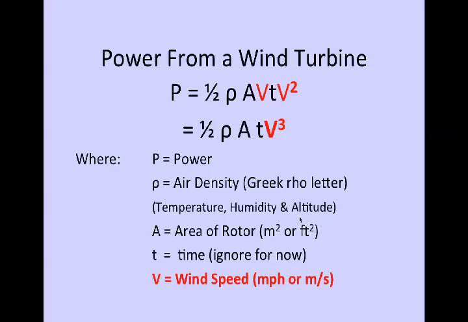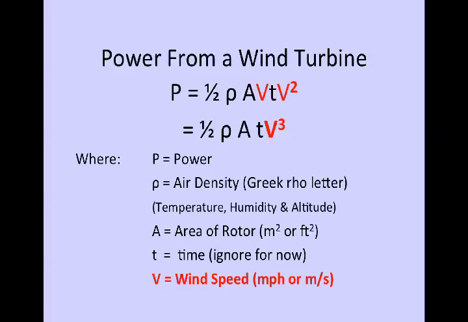As we look at this formula up here, the first line of it is before it was simplified: 1/2 times the air density times the area of the turbine rotor times the velocity of the wind times some time times the velocity of the wind squared. Now the textbook actually shows how this formula got put together.